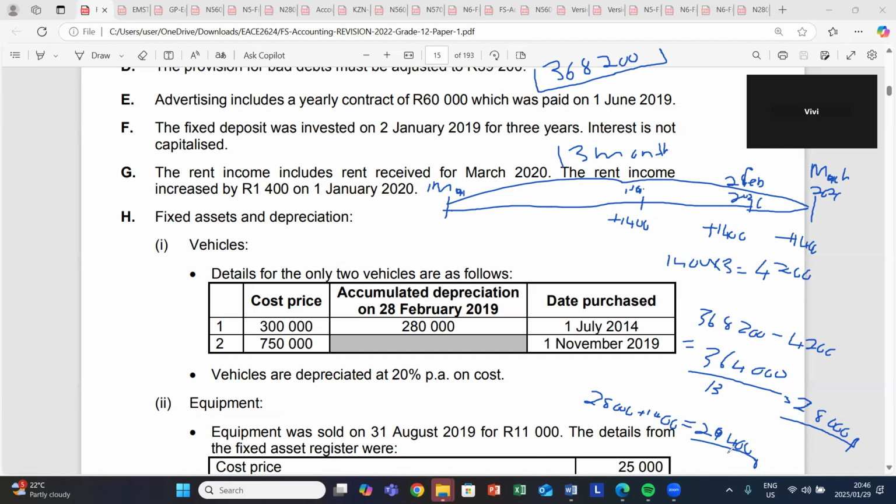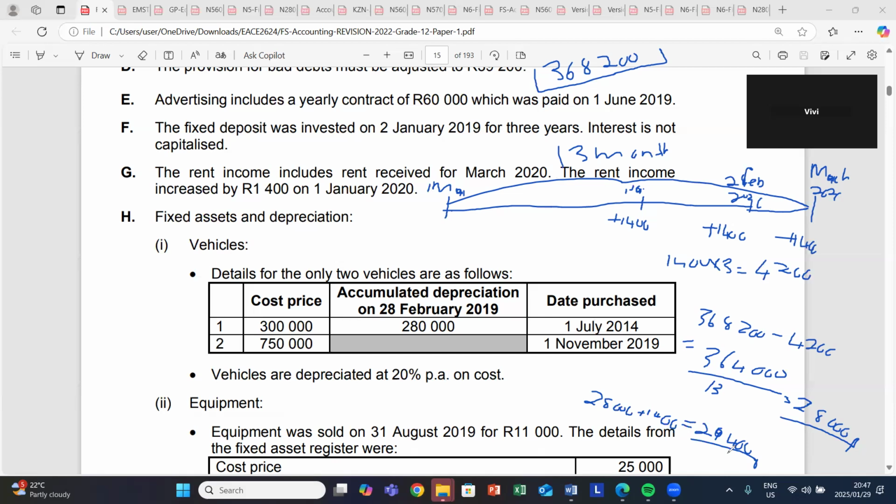Yes, that's correct. What did you start by doing? You said that 1,400 multiplied by 3, in which you got 4,200. You said that 368,200 minus 4,200. The main reason you minus those increases is so that you can clearly see that for 13 months, how much was the rent income that we were supposed to receive without an increase. And then we found that without an increase for 13 months, I was supposed to receive 364,000 rand.